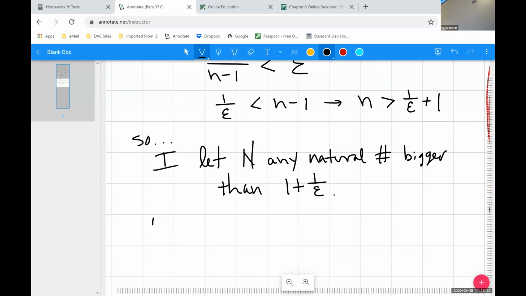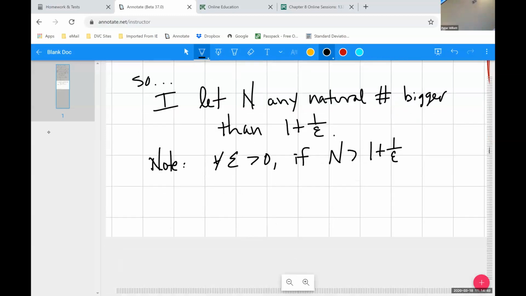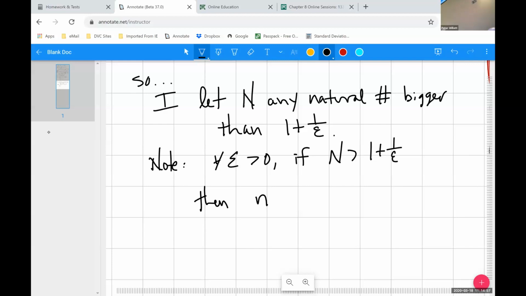So then note, this is sort of the justification. For any epsilon greater than 0, if capital N is bigger than 1 plus 1 over epsilon, then when n is greater than capital N, then n will be greater than 1 plus 1 over epsilon.